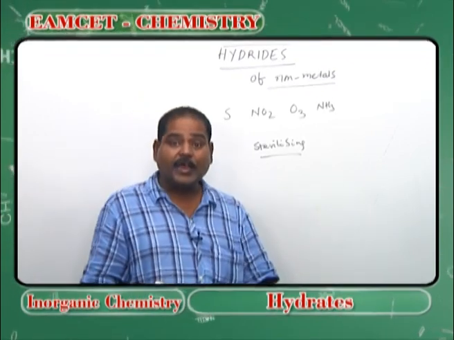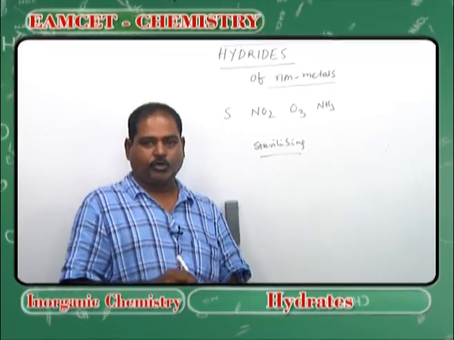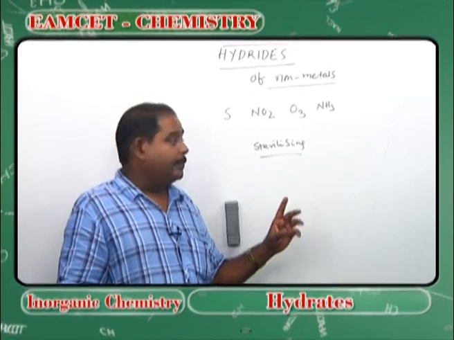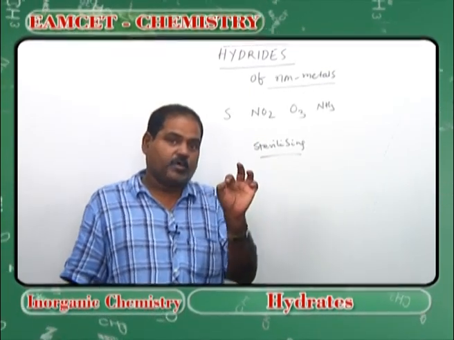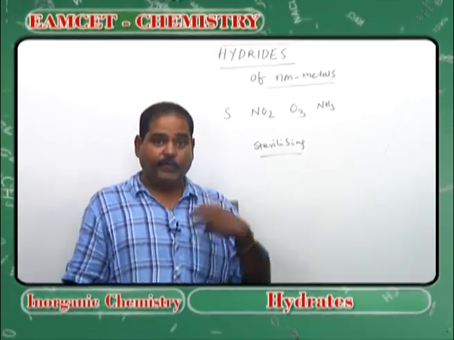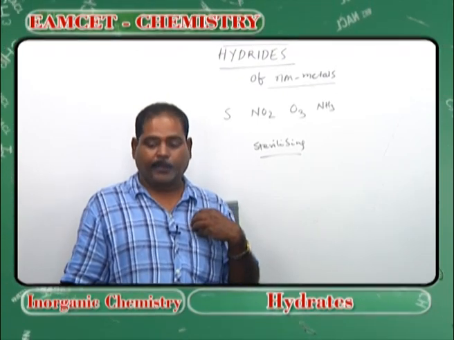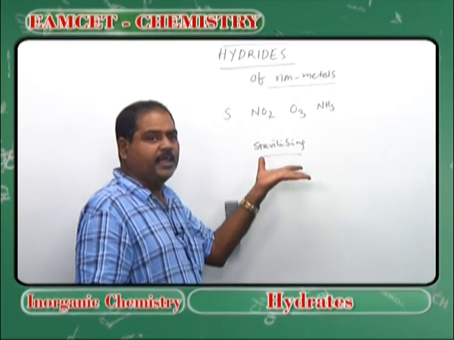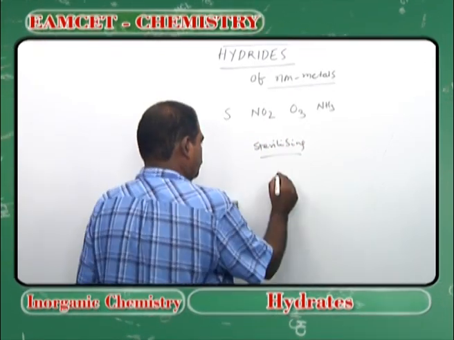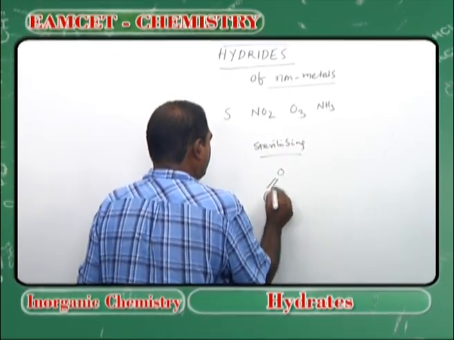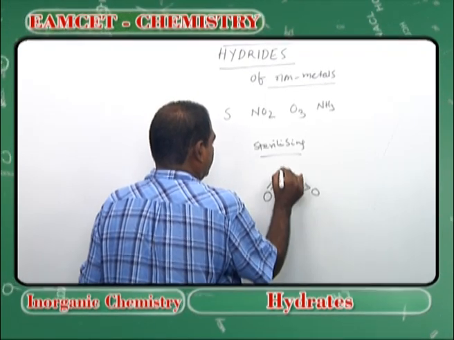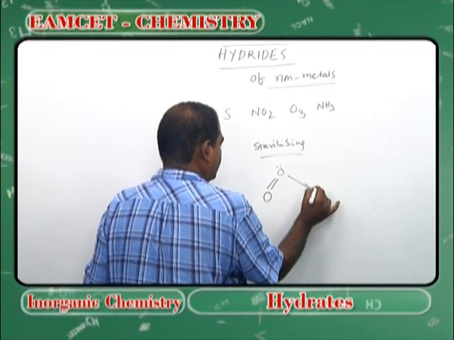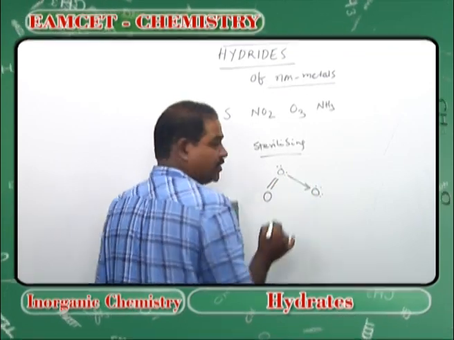Sterilizing means killing bacteria. I told you in the last class, bacteria die of oxygen. We live with oxygen, but bacteria die of oxygen. And which of the following gives oxygen very easily? Ozone. Why? You know, in ozone, there is an oxygen-oxygen single bond. There is an oxygen-oxygen single bond with too many lone pairs.